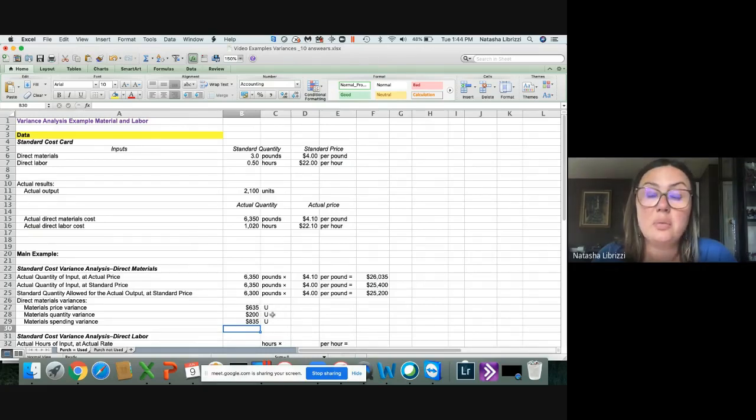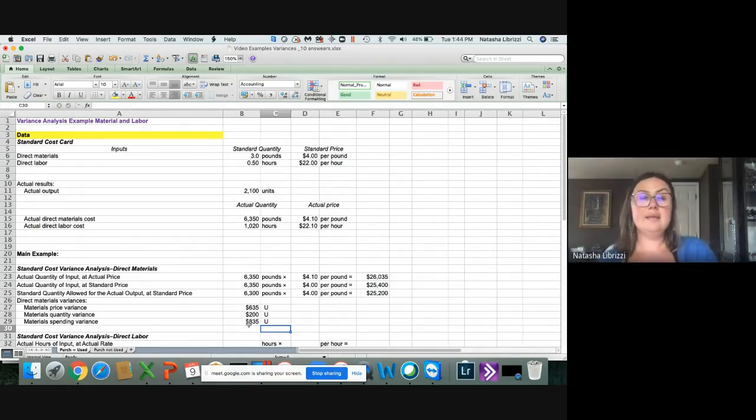You can have one favorable and one unfavorable, so obviously this number is not always the plus of the two variances. But you can only do the spending variance when pounds purchased are the same as the number of pounds actually used. So that's an example of when the material used is the same as what we purchased.